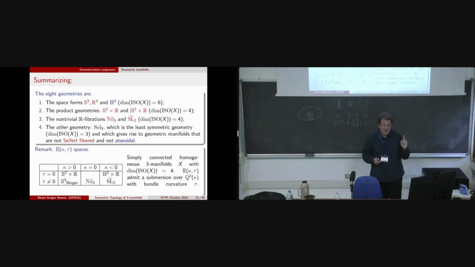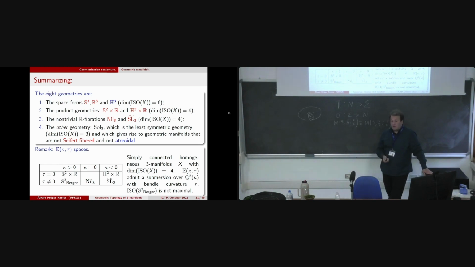And they are the total spaces of submersions over H2, R2, or S2, with constant curvature kappa and bundle curvature tau. That's why they are called E kappa tau. You have a submersion over some space of constant curvature kappa with bundle curvature tau. And here's a table of them. Many people ask, why are the Berger spheres not in this list? Because everybody else is on the list, but the Berger spheres are not.